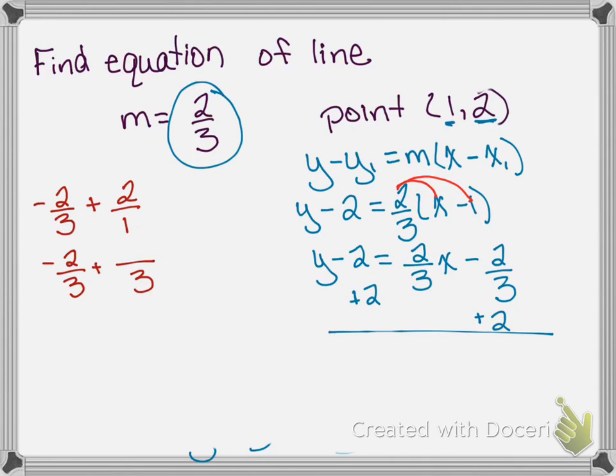Good. 1 goes into 3 3 times. 3 times 2 is 6. Is 2 over 1 and 6 over 3 the same thing? It is. 2 over 1 and 6 over 3 is the same thing. Then I combine these and I get 4 over 3.